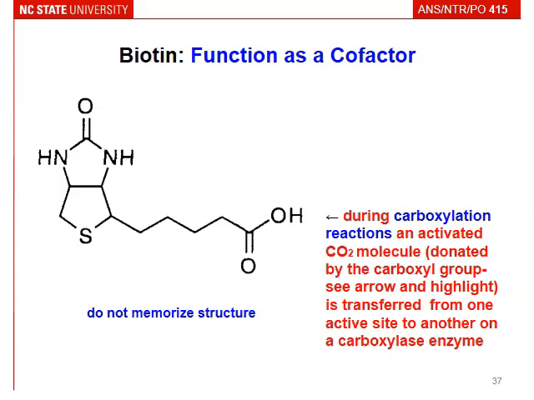So basically, we have this carboxyl group here, and during the carboxylation reactions, CO2 molecules are donated by this carboxyl group that I just circled, and that is what is transferred from one active site to the other, and that's changing the conformation of the carboxylase enzyme, allowing the reaction to occur. So that's how biotin is acting in the more than 100 enzymes that it is a cofactor for.